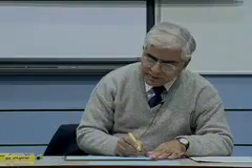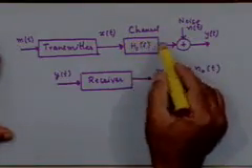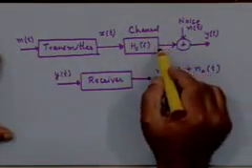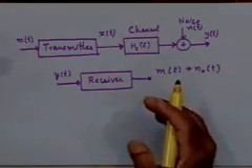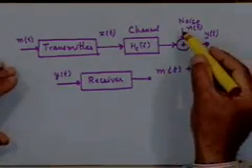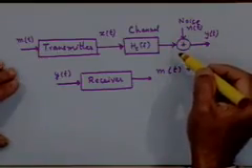Now we have been talking about the channel introducing two kinds of things. One is this effect, the other is this effect. This essentially carries out what we call distortion of the signal. This is additive noise, right? This adds on to the signal.